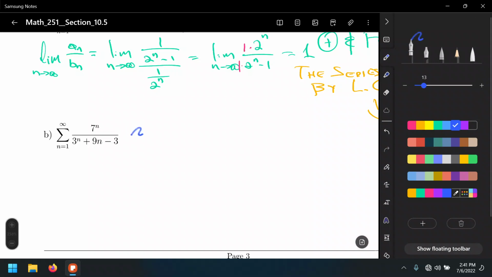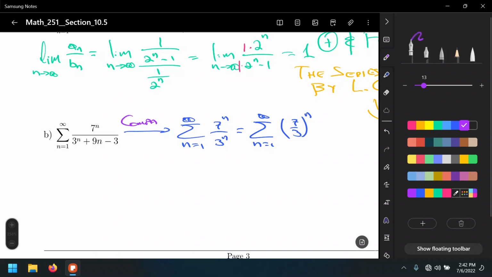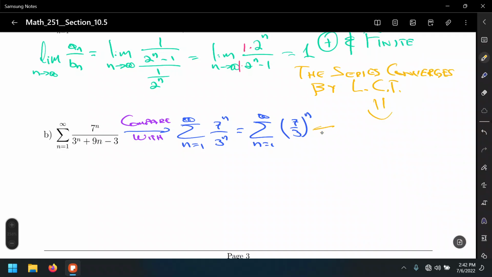Let's use that information to compare it with sigma n equals 1 to infinity of 7 to the n over 3 to the n, which is 7/3 to the n. What can we say about 7/3 to the n? Diverges. By which test? Geometric. So we have a divergent geometric series.